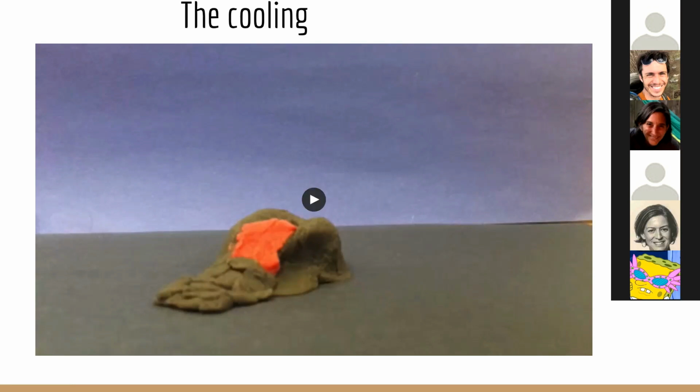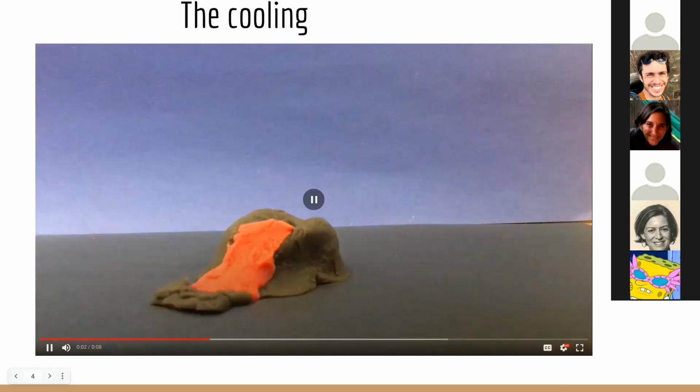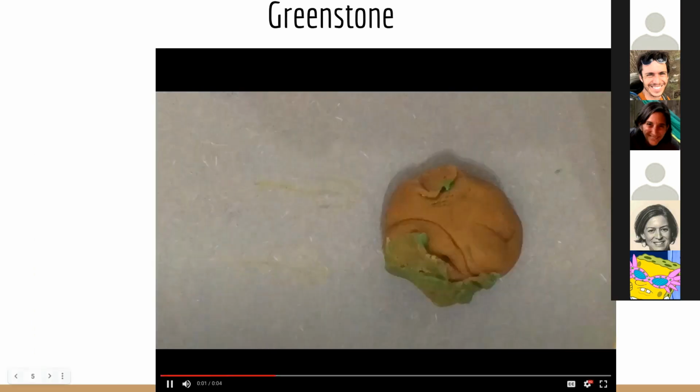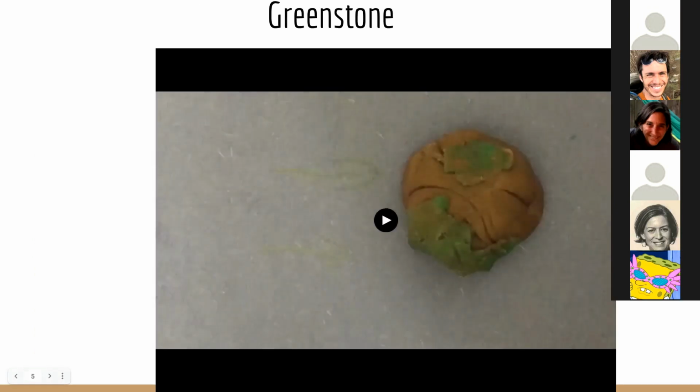And what can happen after it turns into basalt is it can turn into greenstone. So greenstone is a metamorphic rock, and basically what happens to greenstone is the pressure. So metamorphic rock is pressure and/or temperature, either or, and maybe both.